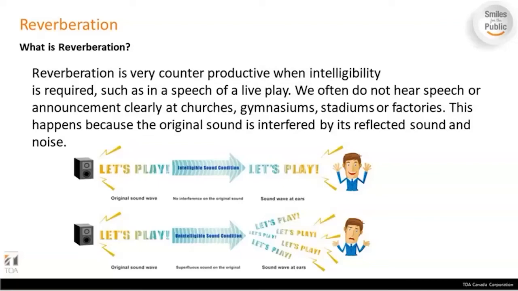This happens because the original sound is interfered by its reflected sound. When a sound is emitted from the speaker, it doesn't come to you directly. There are different reflective surfaces which the sound hits and then comes to you from different angles, from different spaces. So at times, it will be interfered by its reflected sound and noise.